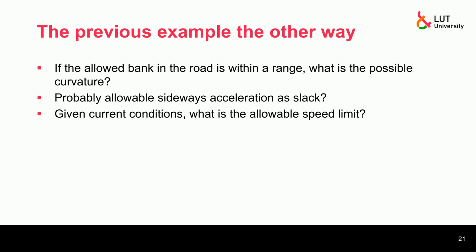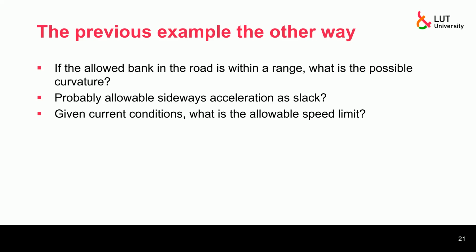And of course, we can run the numbers backwards. So if we're allowed to have a certain degree of bank, then what curvatures are allowable for the road if we have a specific speed limit? And of course, we might have some limits of what amount of sideways acceleration we have. Usually tires or other parts that need to contact the conveyor or road do have some traction, so we have some sideways acceleration.